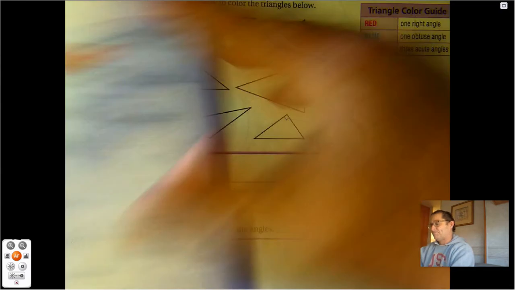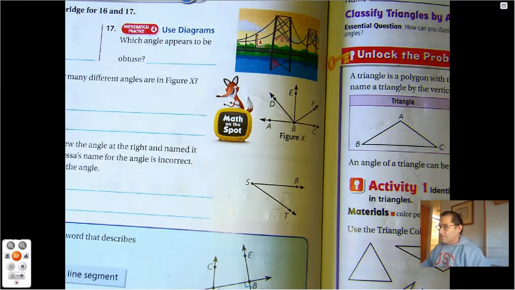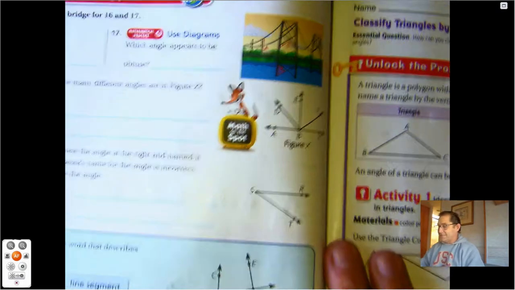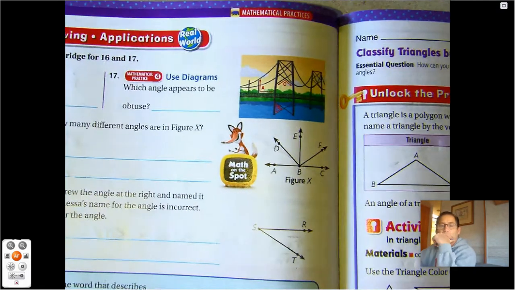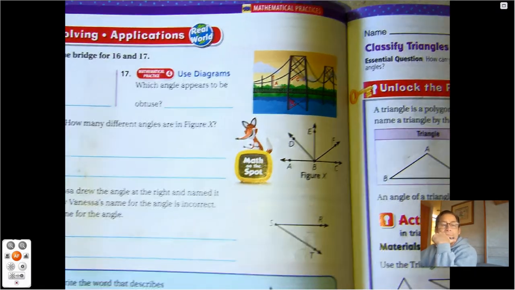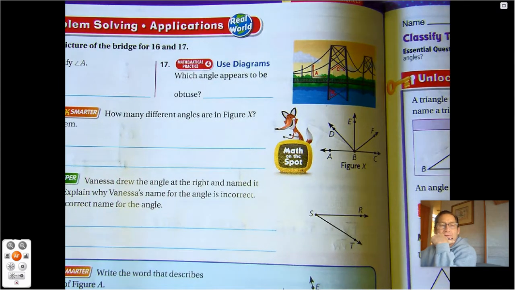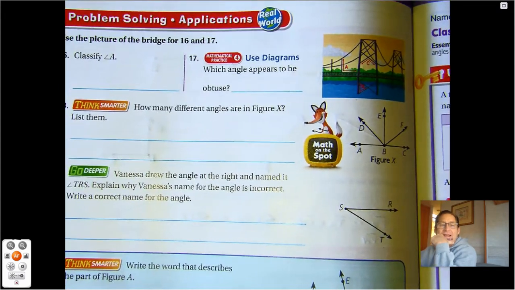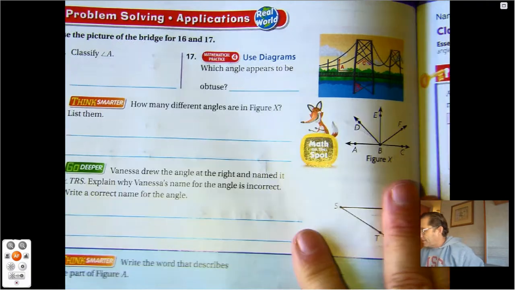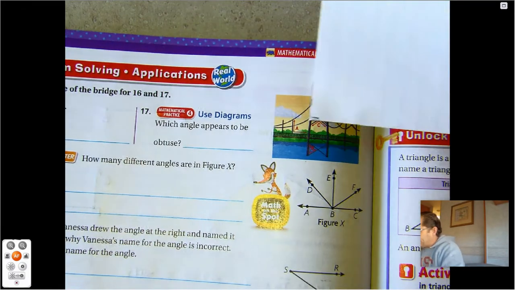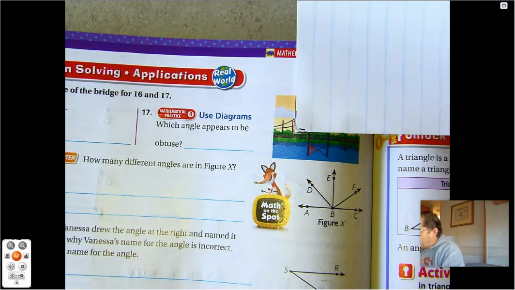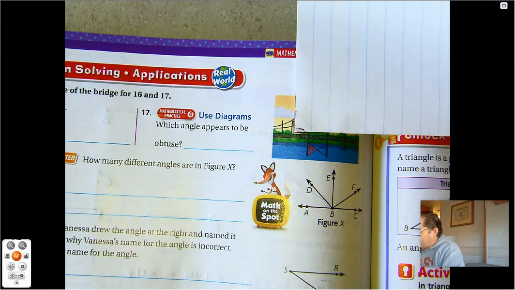Page 402. Use the picture of the bridge for 16 and 17. All right. And it says classify angle A. Angle A. Well, if I put my corner of my paper there, it matches exactly the corner of my paper.